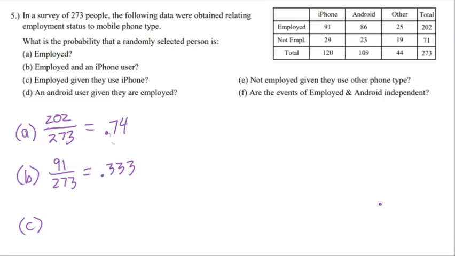And so what we need in the denominator is the probability of an iPhone user, okay? Probability of iPhone. Well, let's find the probability of iPhone in order so that we can do this. Well, probability of using an iPhone is 120 people use an iPhone out of 273. So that's 120 out of 273.